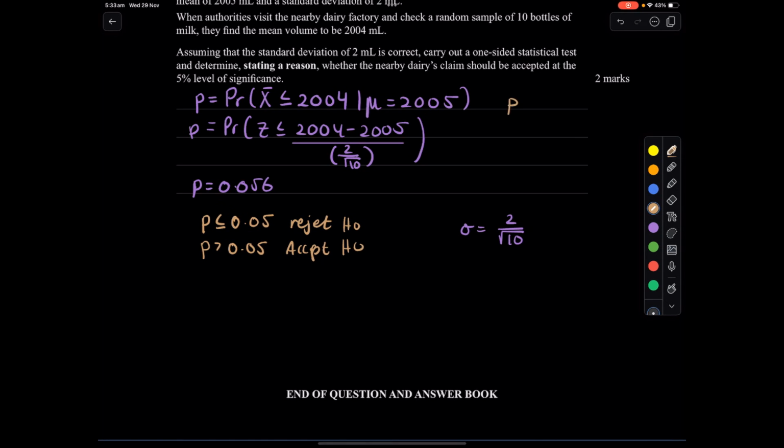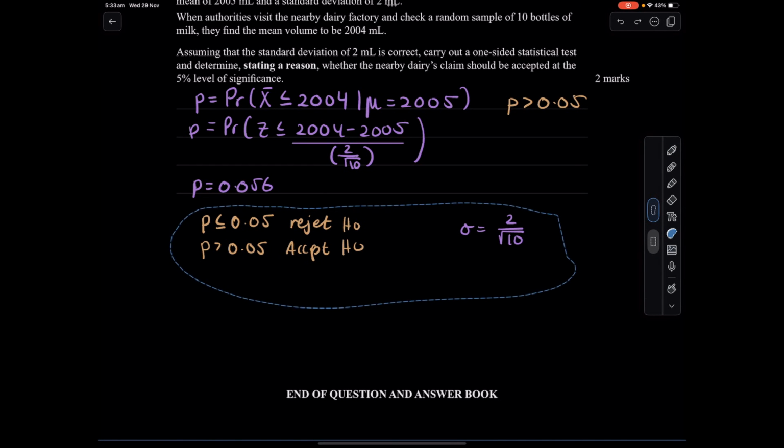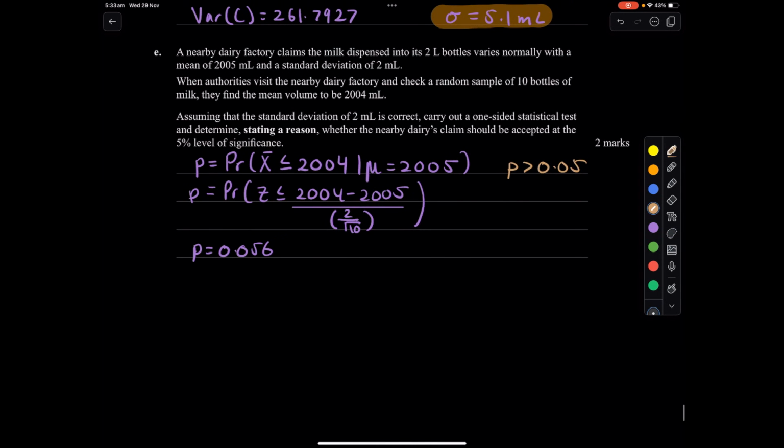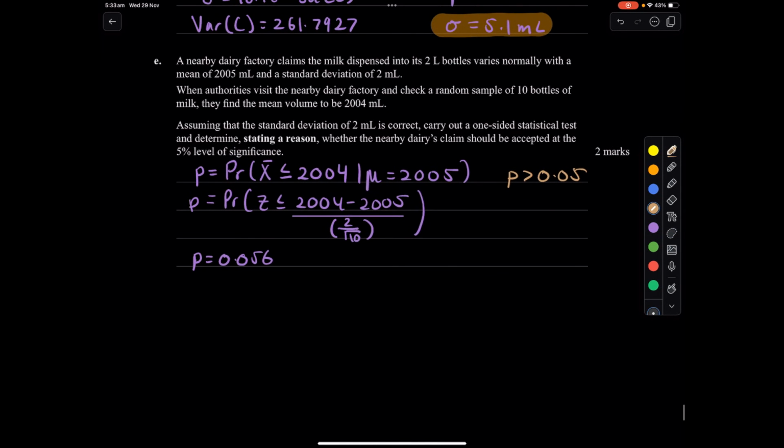We can see that p is greater than 0.05, meaning what? We accept the null hypothesis. So this is our null hypothesis. It's just like we're saying that the dairy factory claim is actually true.